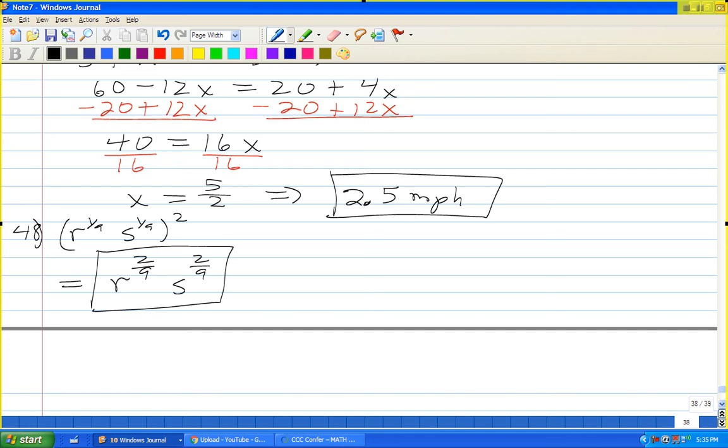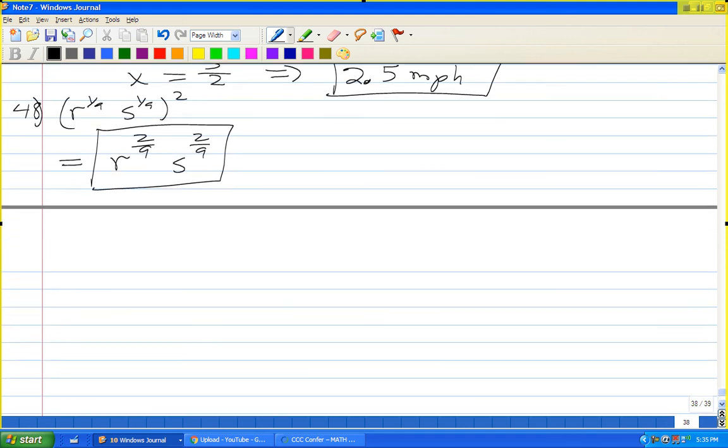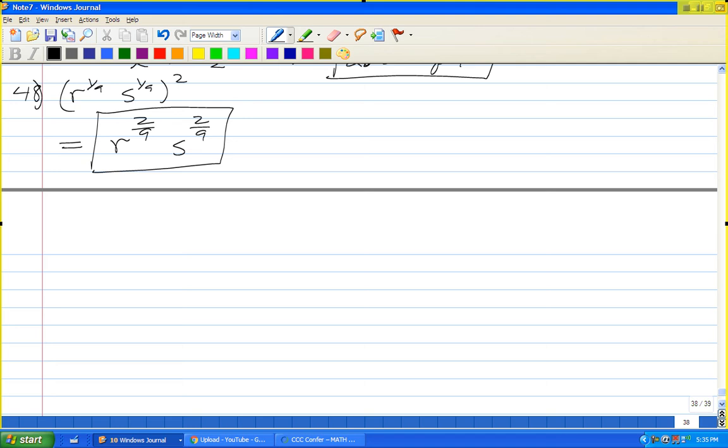Let's do problem number 49. Y to the 5 over 9, Y 3 over 9 minus 6 Y 2 over 9.